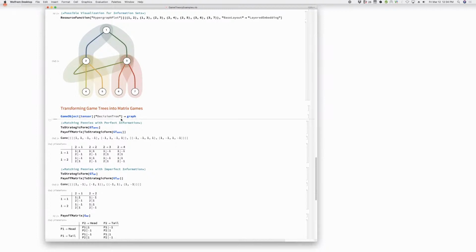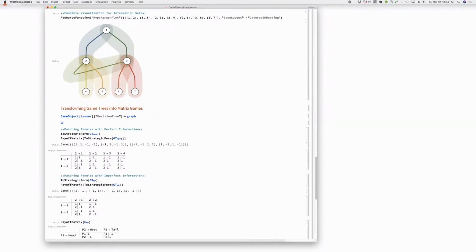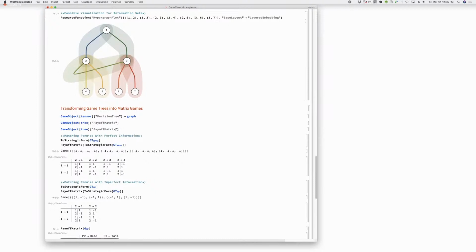Or you put in game object of whatever the tree representation is, and then you can say payoff matrix, if you just want the display, or if you want the actual matrix, that will presumably give you the matrix. I don't know what the name for it is. I'm just making this up because I don't think this is quite right, but something like this, which would be the graphical version. Does that make sense?